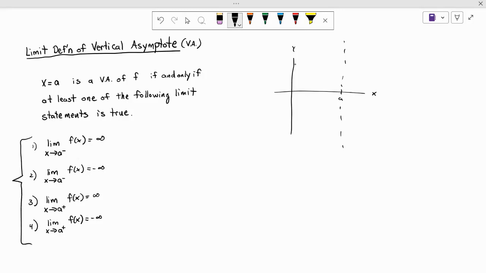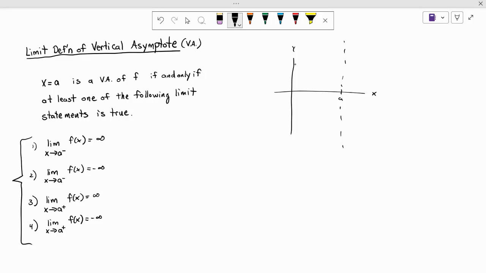So the limit as x approaches a from the left is either plus or minus infinity. It's an infinite limit, whether it's plus or minus, or the limit as x approaches a from the right is plus or minus infinity. So as soon as just one of the one-sided limits is an infinite limit, be it positive or negative, we have a vertical asymptote.